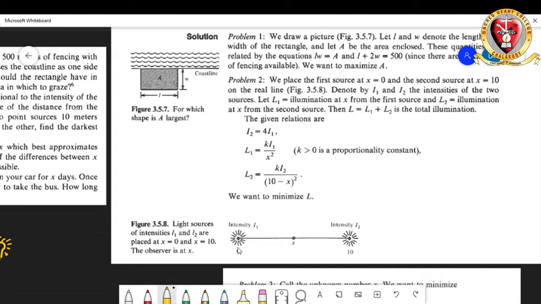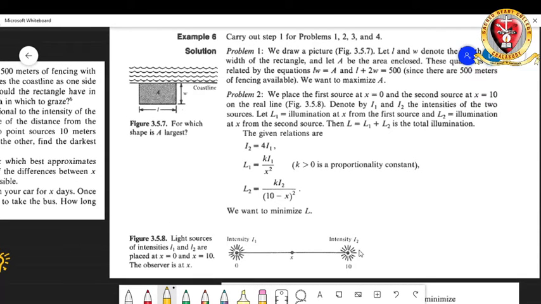The first is at 0, and after 10 meters you have the second bulb. Call the intensity I1 for the first bulb and I2 for the second one. We place the first source at x equals 0 and the second source at x equals 10 on the real line, as in the figure.